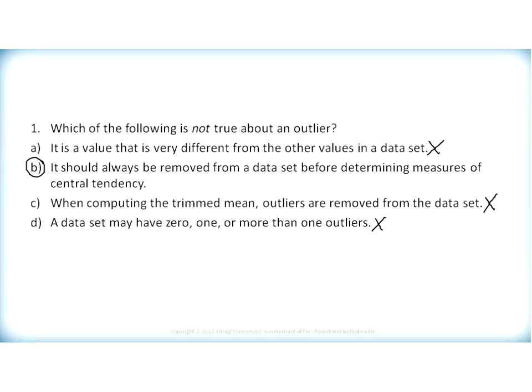We'd want to show how much of an effect he has on the measures of central tendency compared to anyone else. So in a situation like that, we wouldn't necessarily want to remove the outlier. So the answer is B, that it is not true that we always remove the outlier.